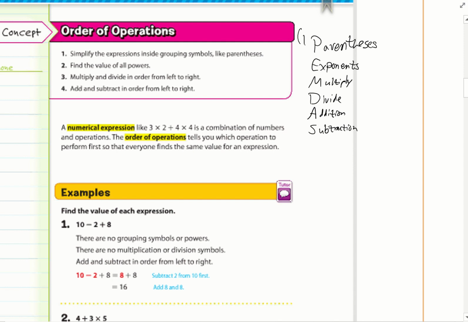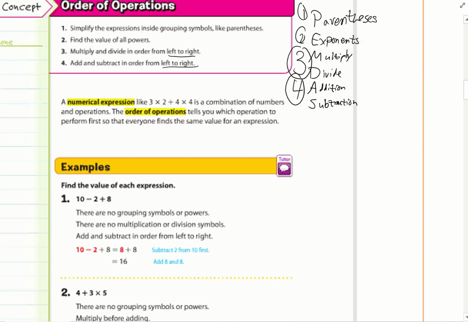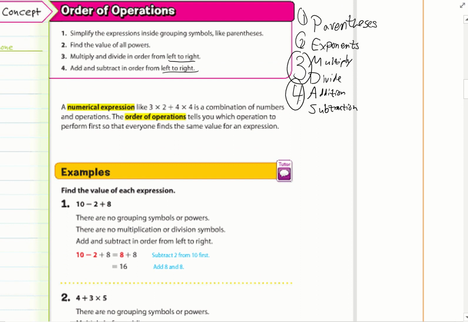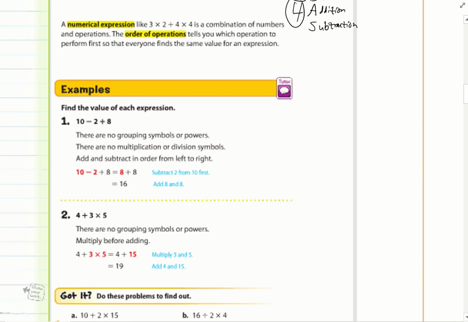So that's 1, 2, 3, and 4. So multiply and divide, those are the same order. You just go from left to right. Same with addition and subtraction, left to right, because they're the same value. Like addition and subtraction, you don't do one or the other, you go from left to right.